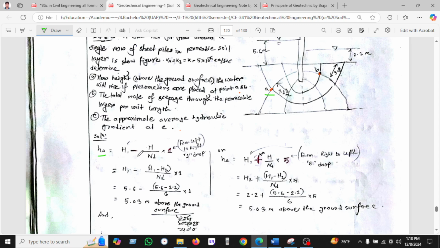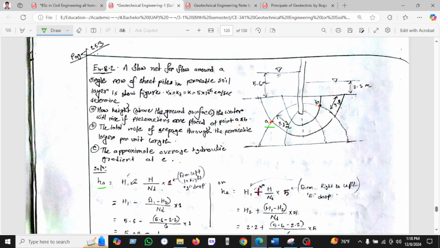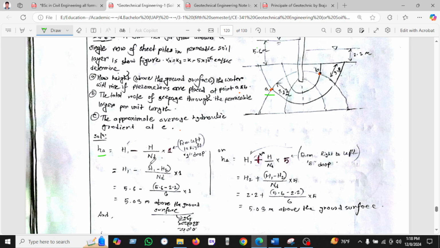HA, sorry, HA will be H1 minus H times Nd, the number of drops. H is nothing but H1 minus H2, 5.6 minus 2.2, times 1. We are going from this point, that's why we multiply by 1 and get the value 5.6.